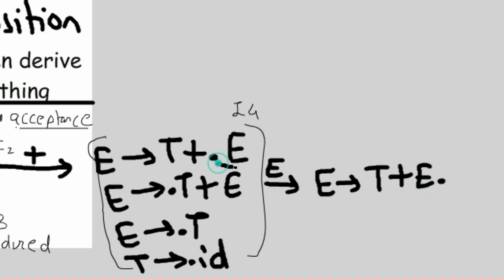So this dot just went in front of E, and since it has observed E, we will write E in front of the arrow. Now there is just dot in front of one E. So this item is completed. We will call it item number 5.